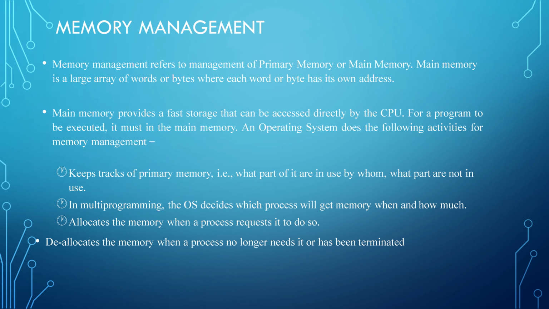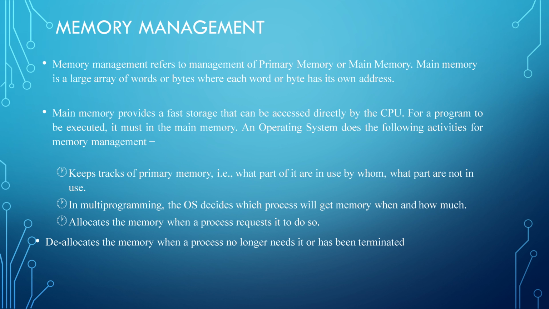An operating system does the following activities for memory management. Number one, it helps in keeping track of primary memory, i.e., what parts of it are in use by whom, what parts are not in use.